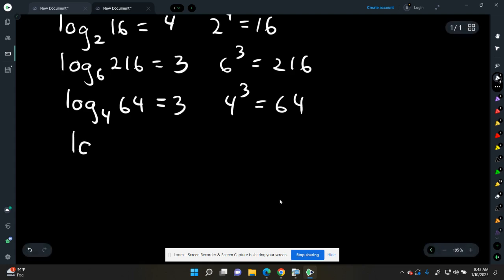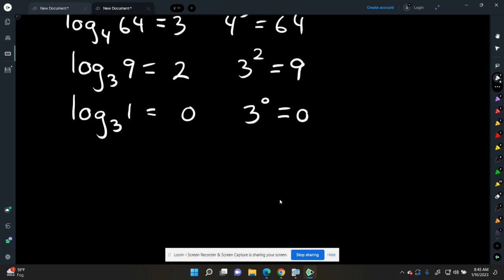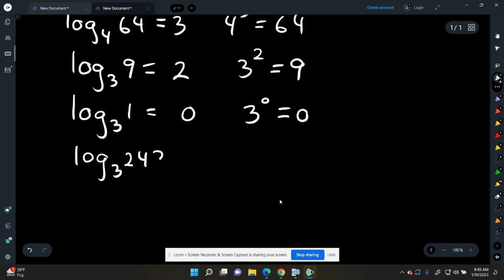Number 6. Log base 3 of 9. We know that equals 2, because 3 squared equals 9. Log base 3 of 1. Allie, what does that equal? Why? Yes, 3 to the 0 equals 1. Gabriella, log base 3 of 243. What is that? 5. Why is that?